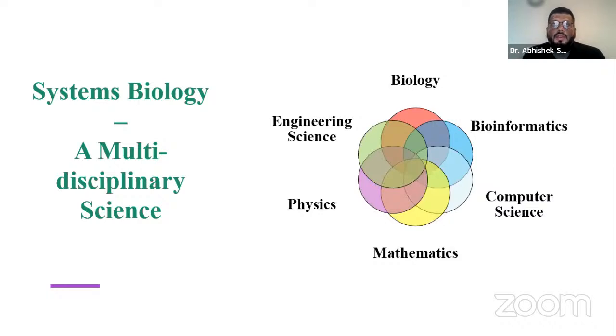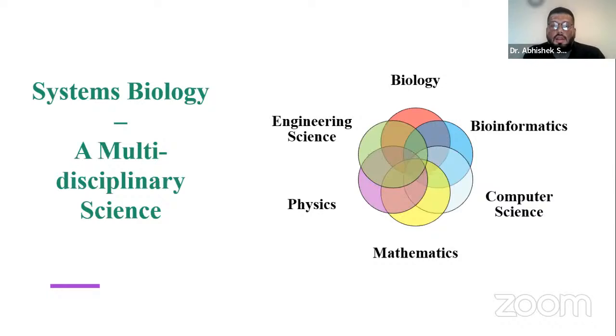Then mathematics. When we create predictive models in systems biology, we use different mathematical approaches, like ordinary differential equations and partial differential equations, ODEs and PDEs, then various probability-based approaches, then stoichiometries, which are anyway matrices, and kinetic equations.